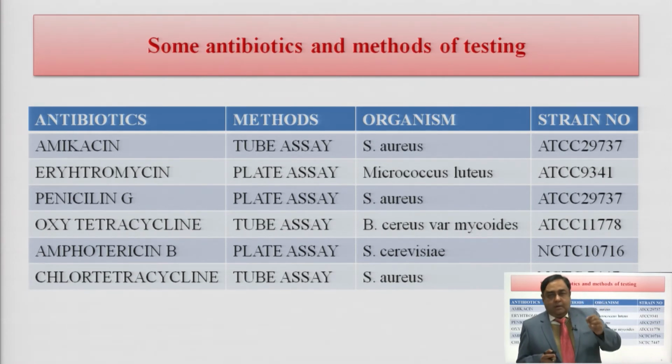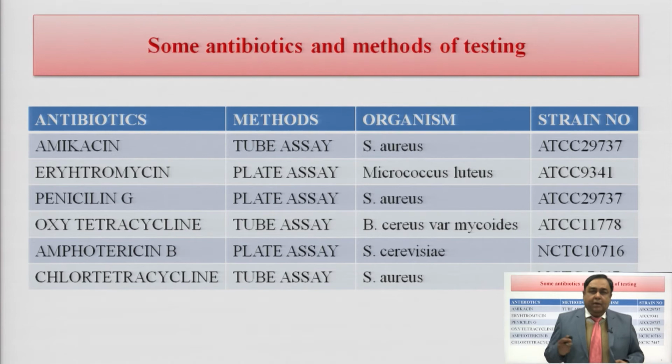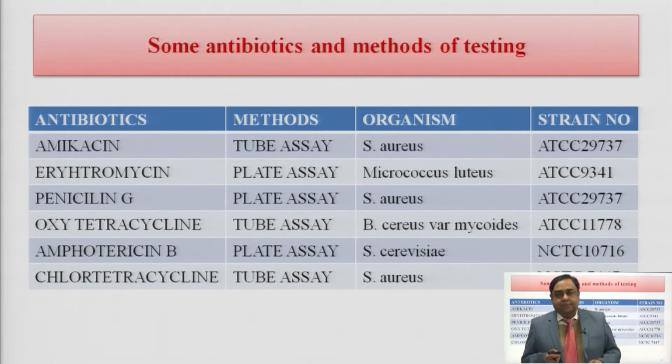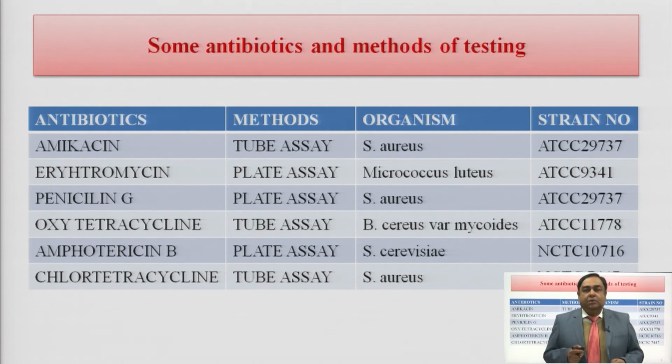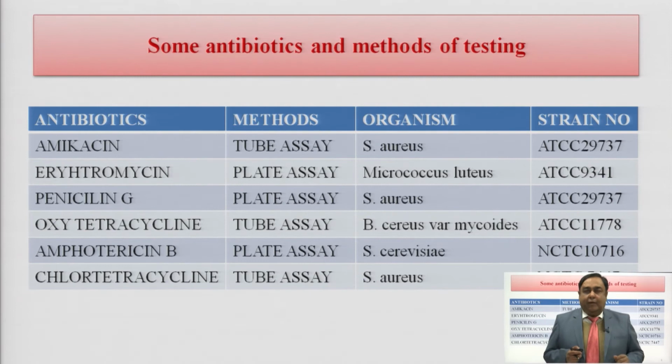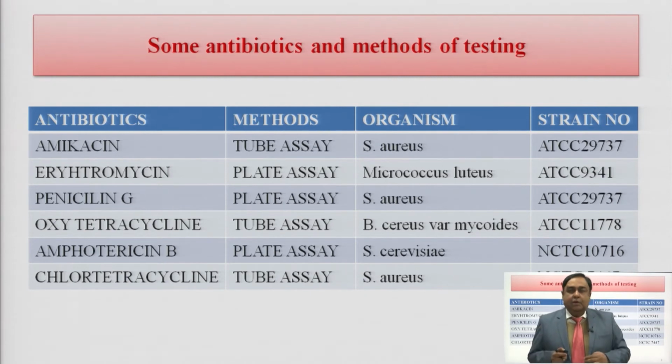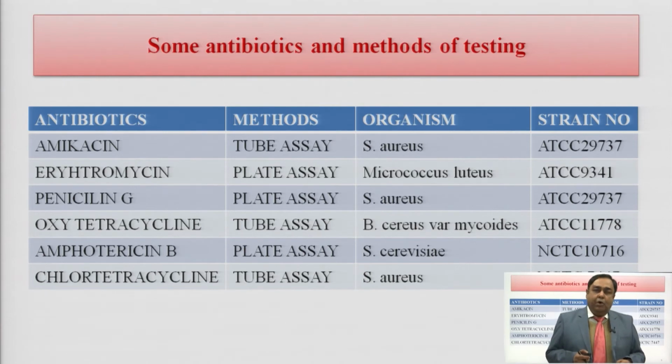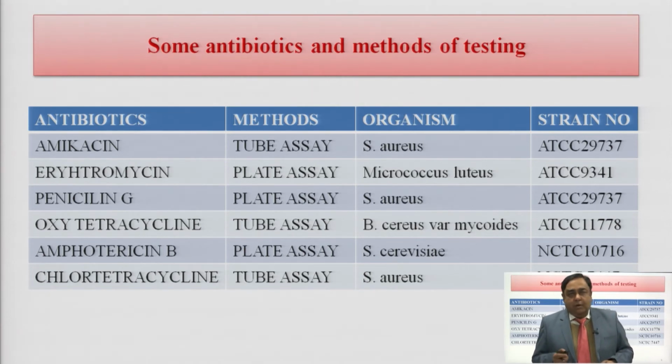If solid impurities or particulate impurities are there whenever we are assaying an antibiotic by turbidimetric method, there is a chance of confusion that this turbidity which is being developed after the process of incubation, whether it is due to the particulate impurities or due to the presence of the microorganisms.